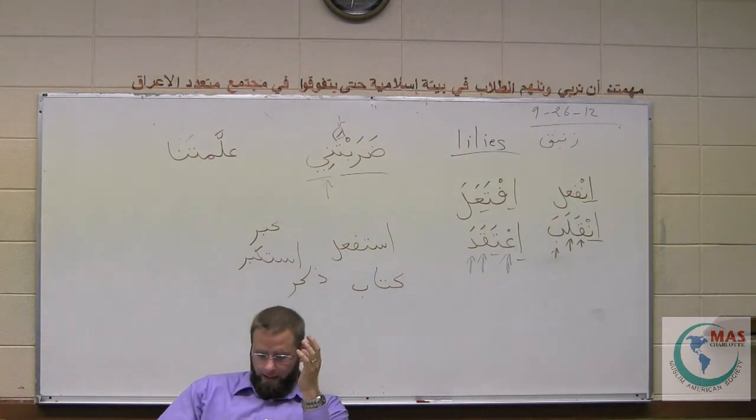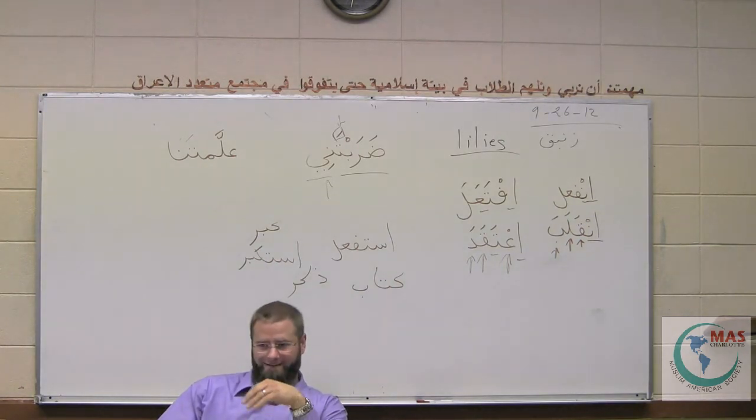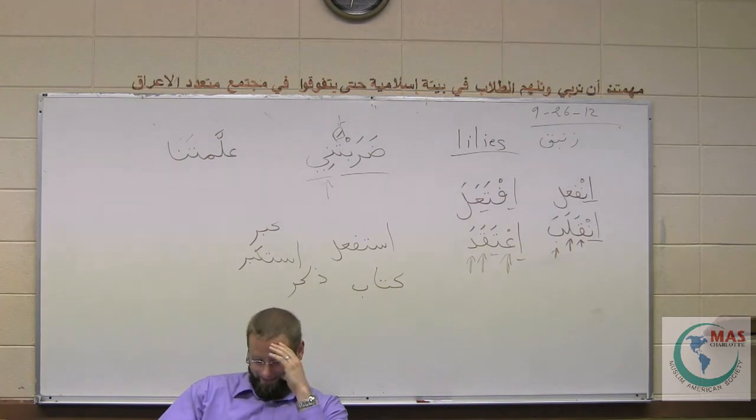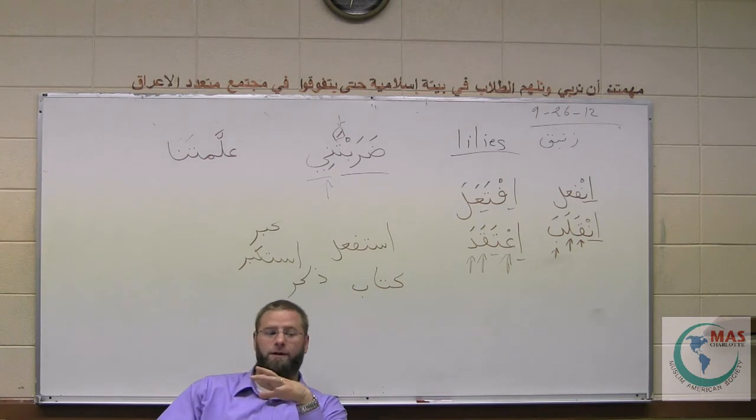Then tuma is the same. For muannath and mudhakkar, there's no difference. As you saw for mudhakkar, except he extended the ta. This is just a way of writing Arabic. Why do you do that? Don't ask me. It's the same. But the plural is different. For females it's tunna.